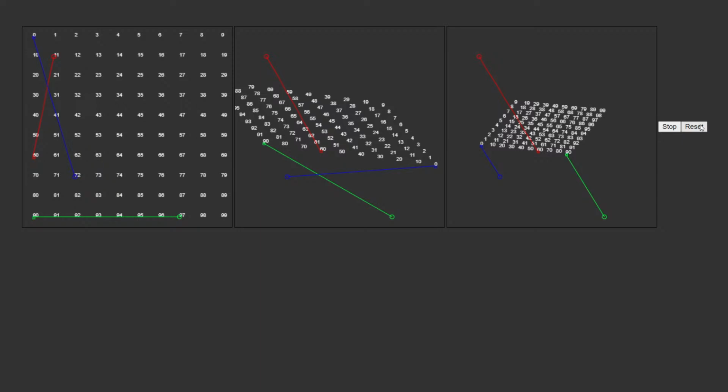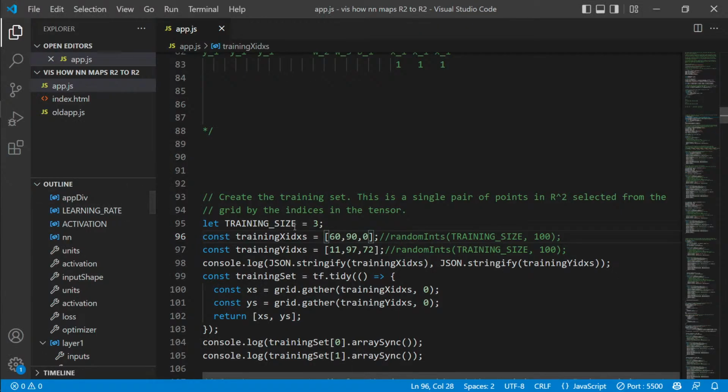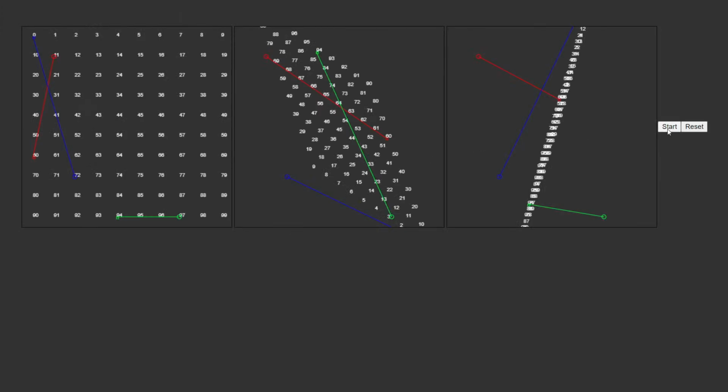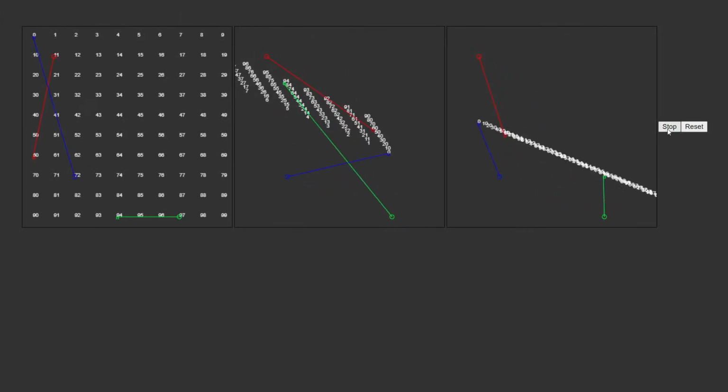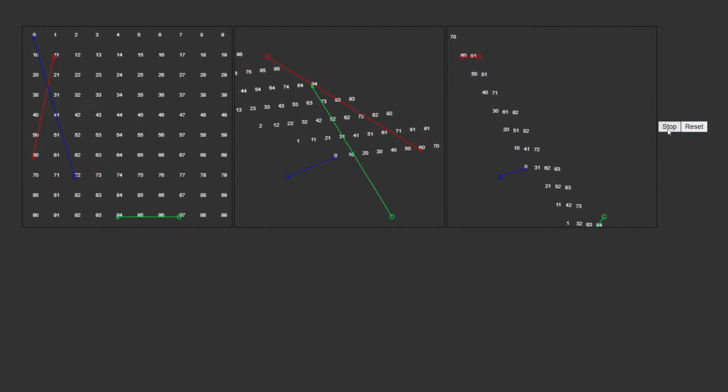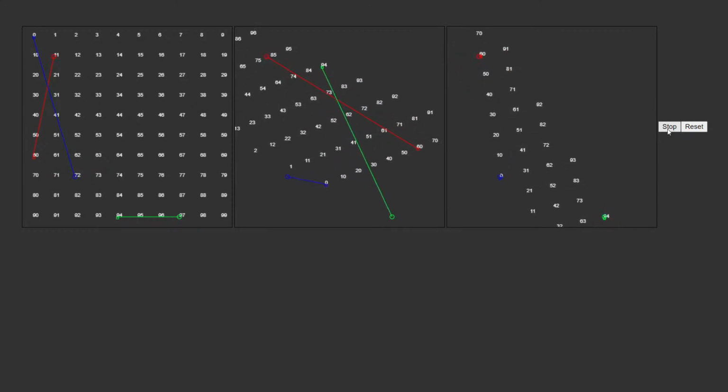So anyway, what if we move this 90 to 94? Okay. 90 goes to 94. Solve away. Ah. See, I can now solve it.